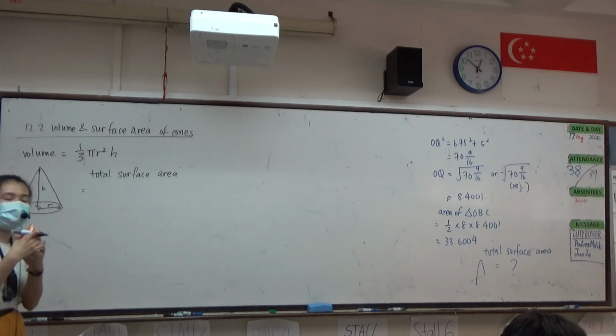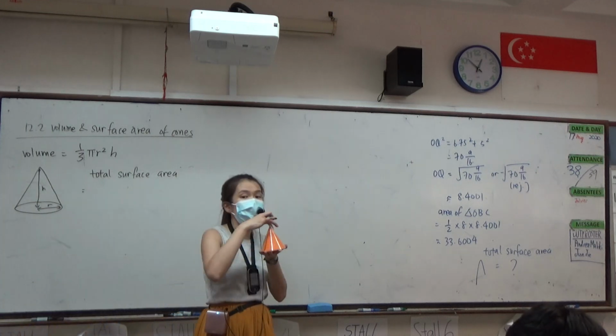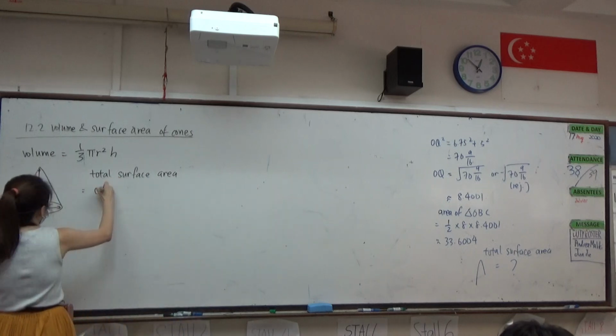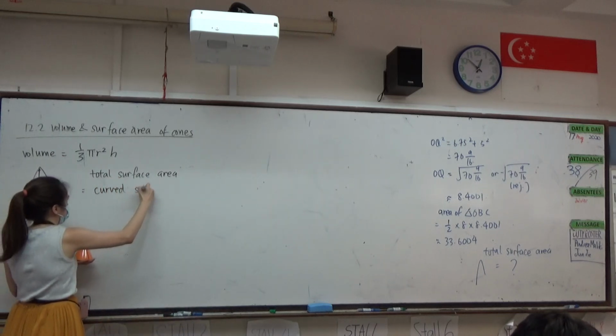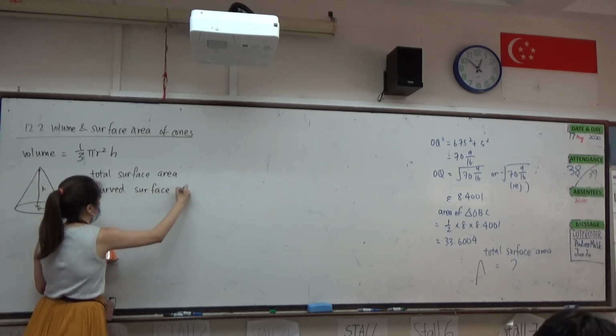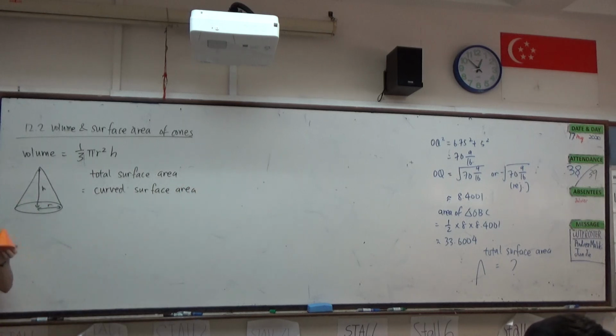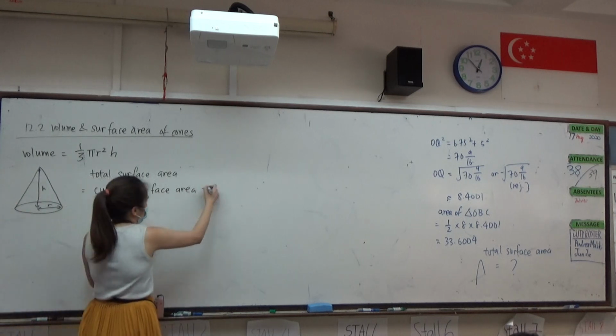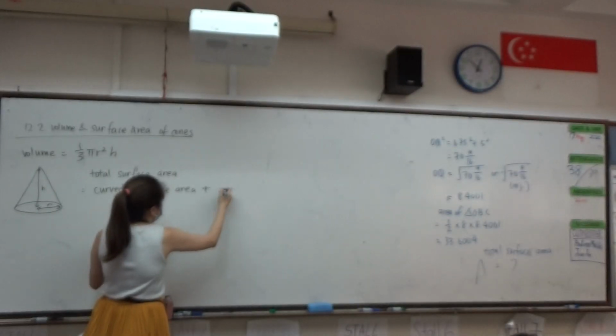The top part has a special name. It's called the curved surface area. Total means everything that you think you can touch, that's counted in the total surface area. Curved surface area at the top, bottom is the circle.